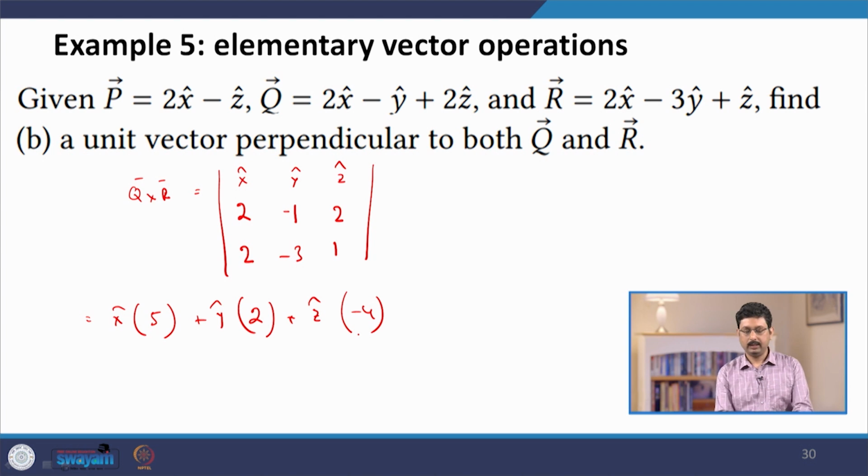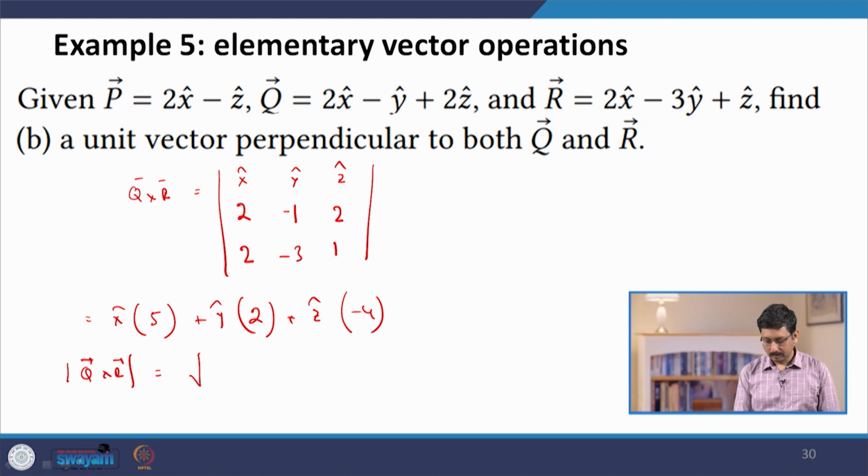So, this is the vector which is q cross r. Now, I need to find the magnitude of this vector q cross r, which is the square root of 5 square plus 2 square plus minus 4 square, which gives me the square root of 45.